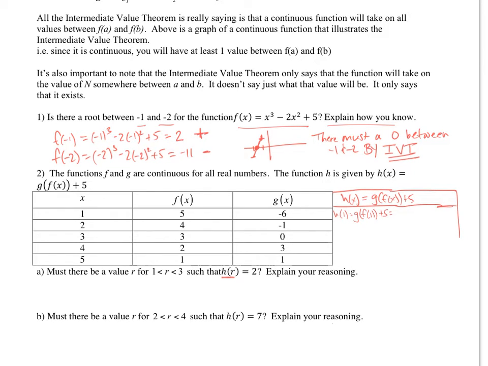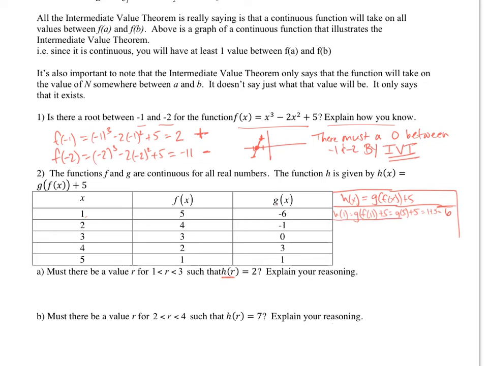Well, f of 1 is 5, so this becomes g of 5 plus the 5. And g of 5 gives me 1, so this will be 1 plus the 5, which is a value of 6.